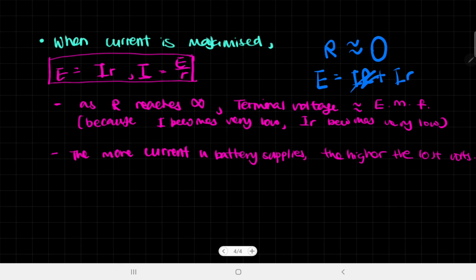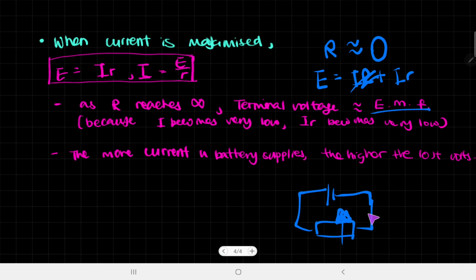And as R reaches infinity, so when the resistor in the external circuit becomes extremely high, to the point where it reaches infinity, then the terminal voltage will be very close to the electromotive force. Why is that?